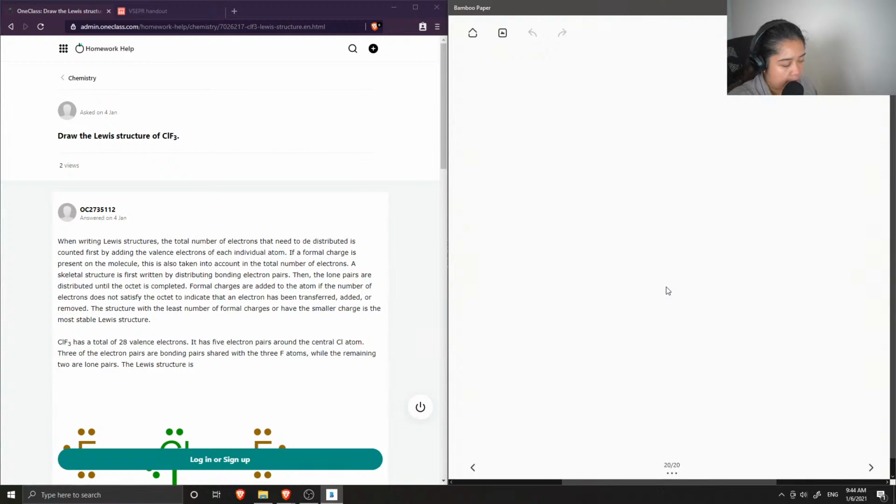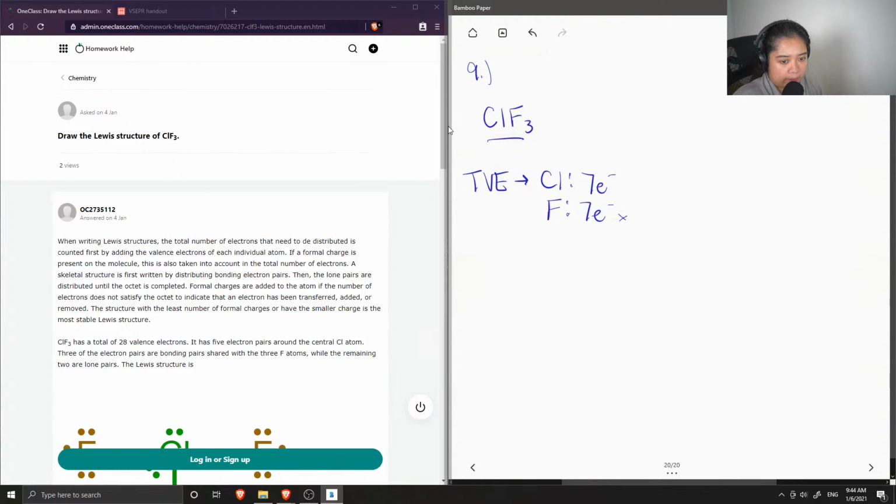Okay, so question 9. Draw the Lewis structure of chlorine trifluoride. So the total valence electrons in this molecule: chlorine has 7, and fluorine also has 7, but there are 3 of them. So this gives us a total of 28.